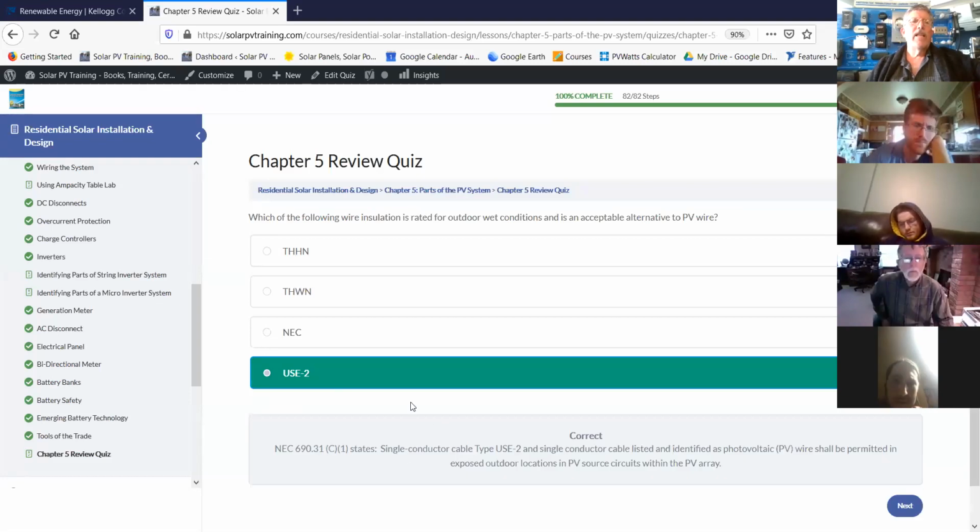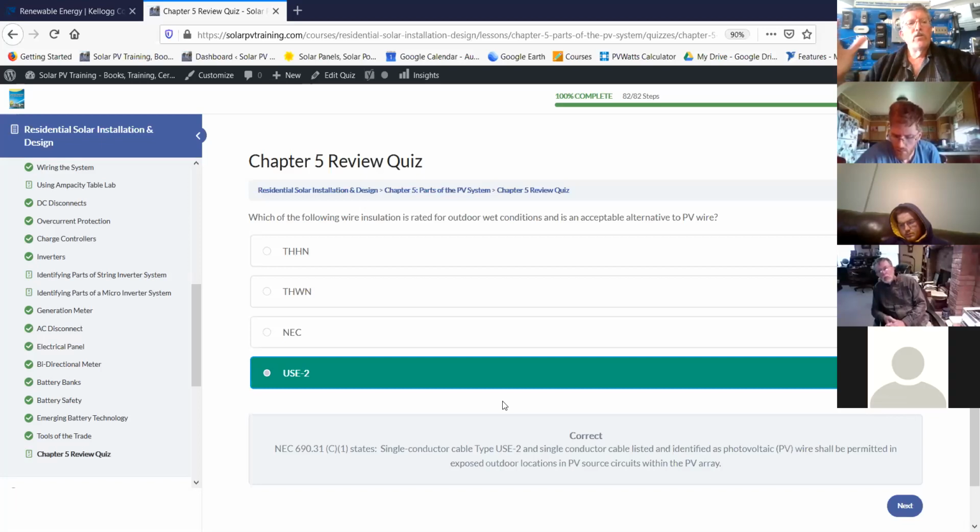The only reason I mention this is because in the National Electrical Code, they basically say that the PV source circuit, the wire that goes from the panel to the combiner box or the junction box, must be either PV wire or USE wire. And so it is rated for outdoor wet conditions.